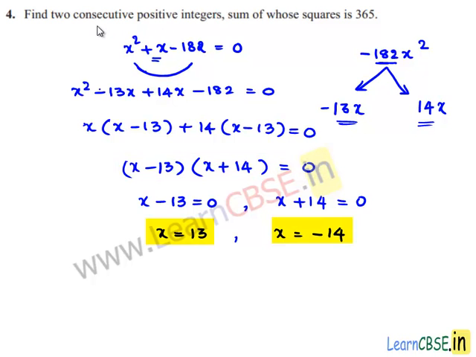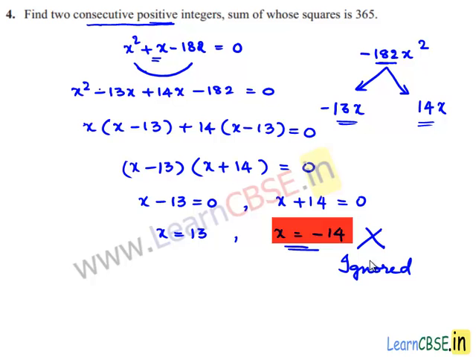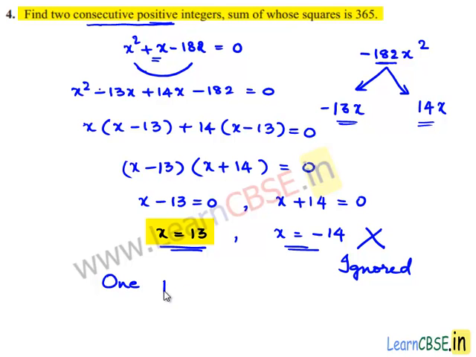In the question, we need to find two consecutive positive integers, but here we got x is equal to minus 14. This is not a positive integer, so x is equal to minus 14 can be ignored. So take x is equal to 13 into consideration. So one positive integer will be 13.